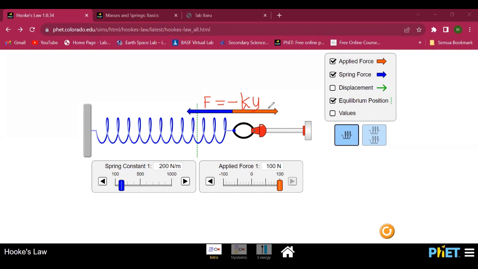When you push, the restoring force is also opposite to your push direction. So that's why the formula becomes negative k times y, where y is the displacement, from the initial point to the last point when you push or when you pull.